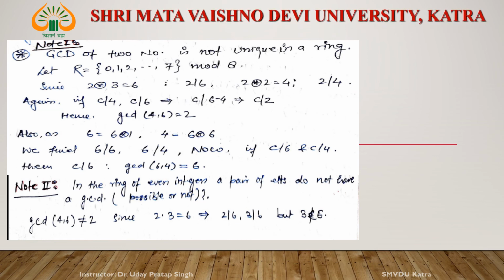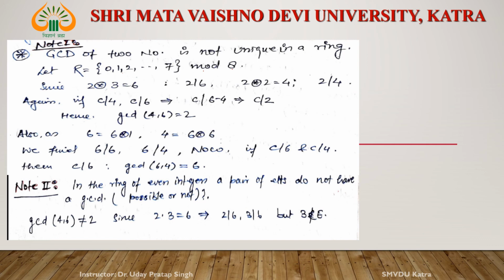Now see, since our beginning class we know that GCD of any two numbers exists, but this is not true in general. GCD of two numbers may or may not exist, and it may not be unique also. Why? Say R is a ring. Suppose R is a ring, where R is given by 0, 1, 2 up to 7 modulo 8.